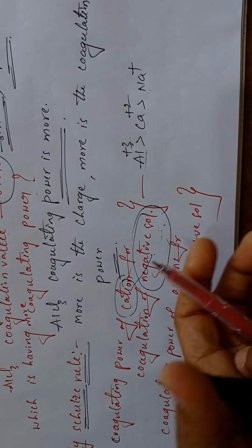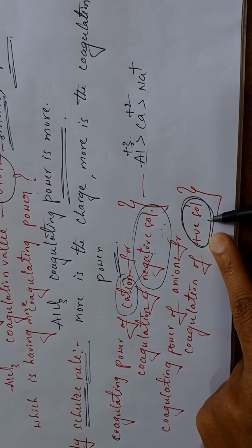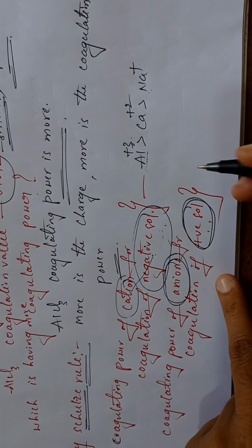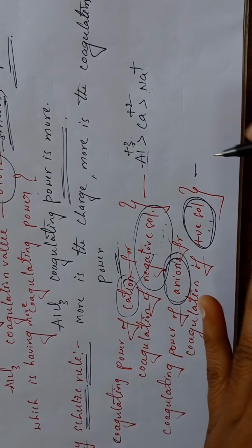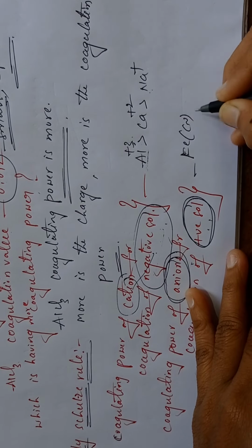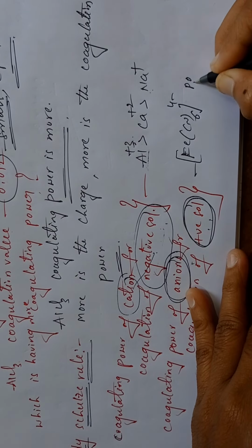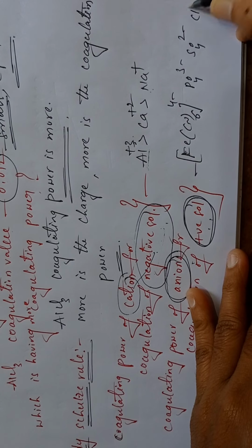So to the positive sol, which ions should we add to get the precipitate? Anions we should add, negatively charged particles. So what are the examples, students? Negatively charged particles we can take: Fe(CN)6 4 minus, PO4 3 minus, SO4 2 minus, Cl minus.